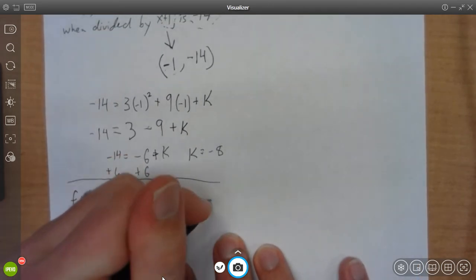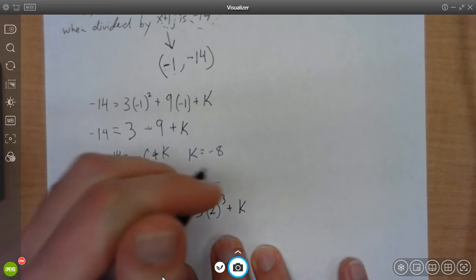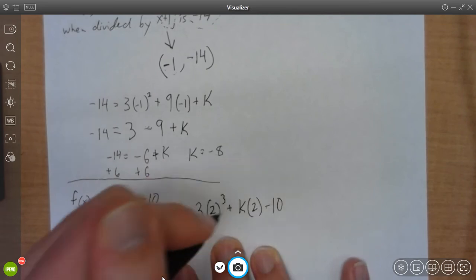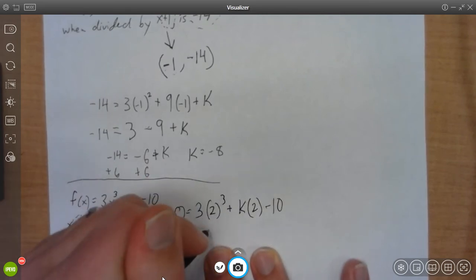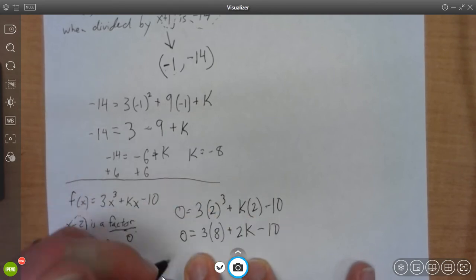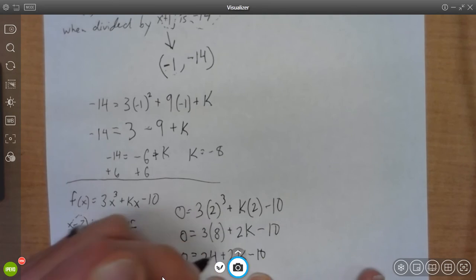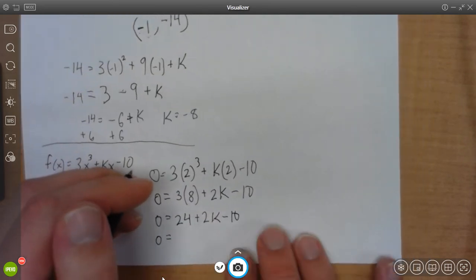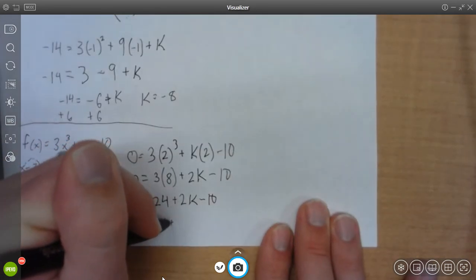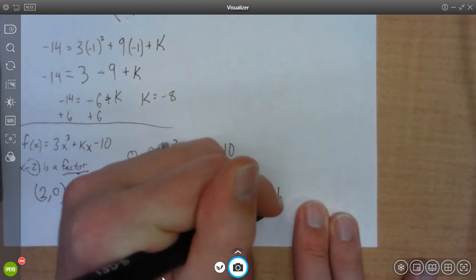So 2 replaces x, and 0 replaces y. Then just working through this algebra real quick, looks like k is going to be negative 7.